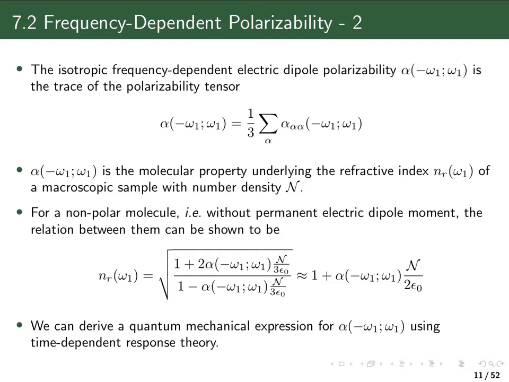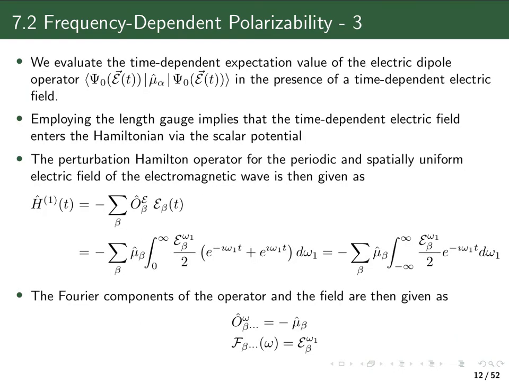And now we want to derive quantum mechanical expressions for the frequency-dependent polarizability, and this being a time-dependent phenomenon, we are going to use our time-dependent response theory. We look at the time-dependent expectation value of the electric dipole moment operator.